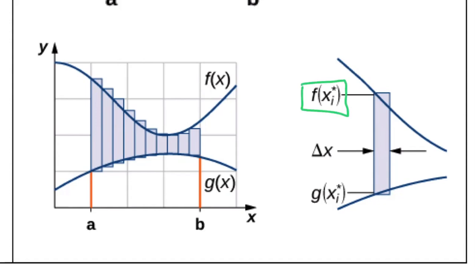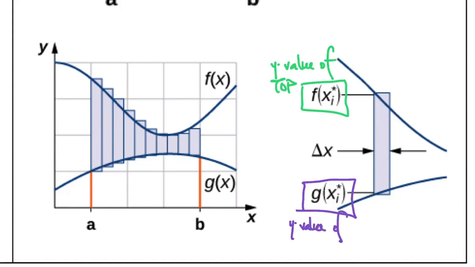This is maybe the y value of the top function. We happen to call it f of x, but whatever the top one is, it matters more whether it's top or bottom and less what the actual letter is for it. But that means that this g of x sub i is the y value of the bottom function.